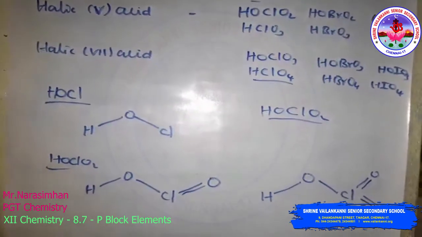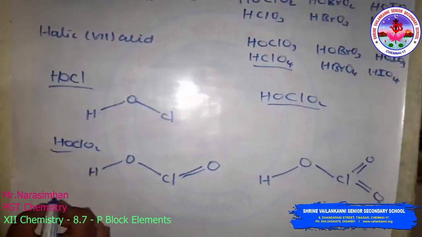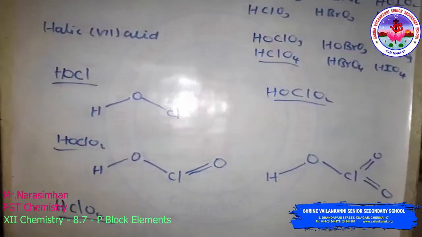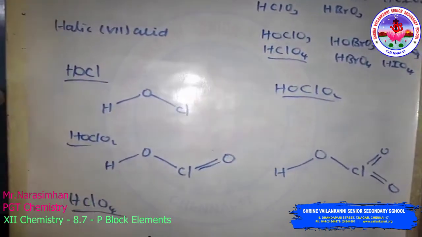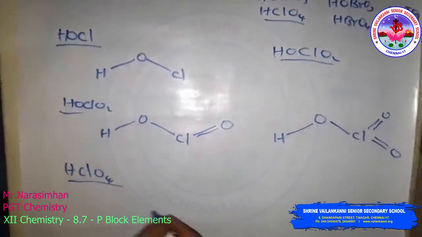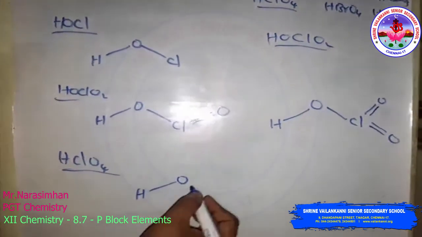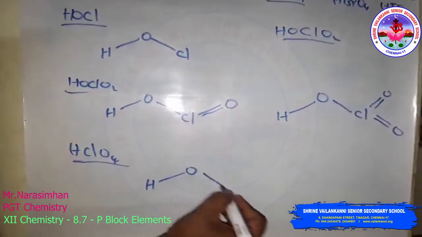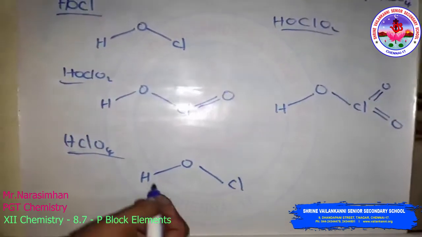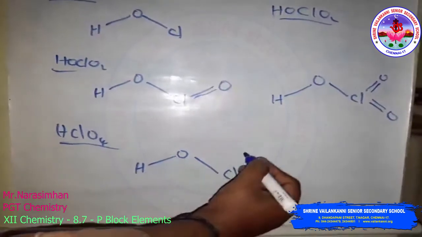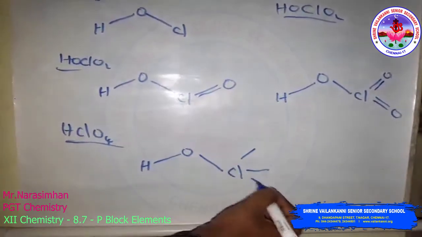Perchloric acid, HClO4. The same way, here the hydrogen, oxygen, chlorine. The number of oxygens is 4, here only 1 is present, the remaining 3 you have to draw.